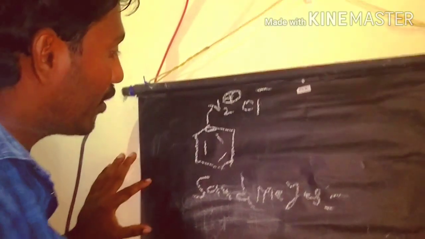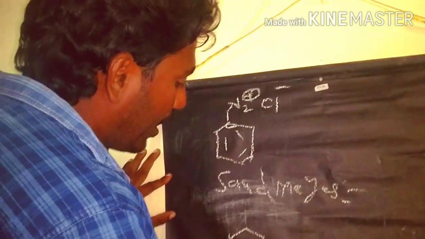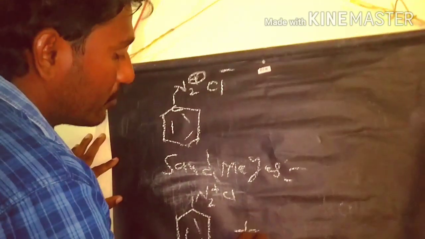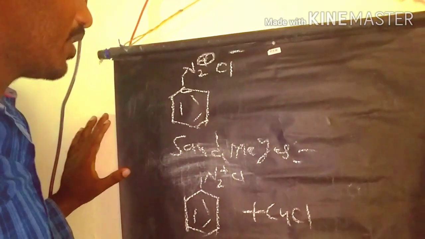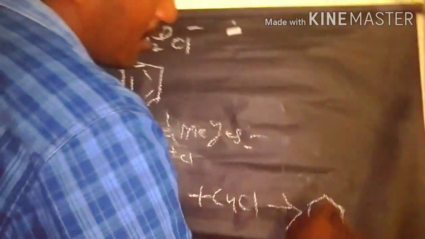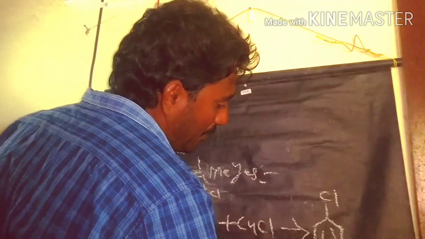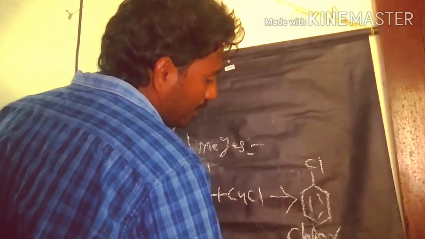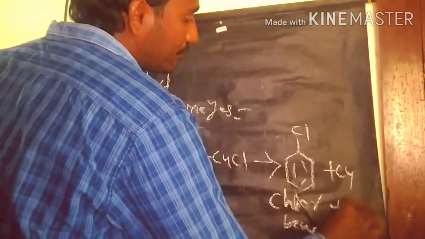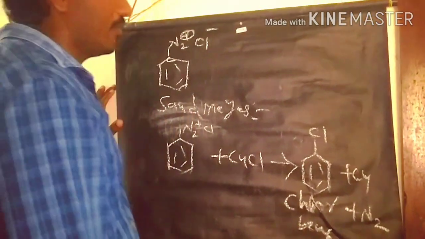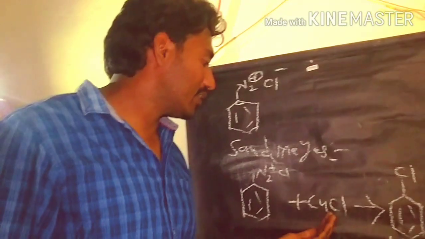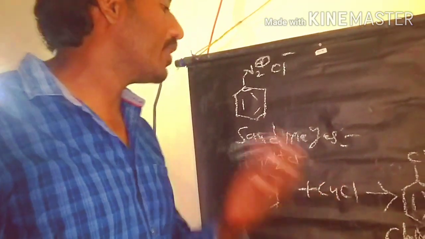When it reacts with copper chloride, we get chlorobenzene as the product, plus the byproducts N2 and chloride. This is the Sandmeyer reaction with copper chloride to prepare chlorobenzene.